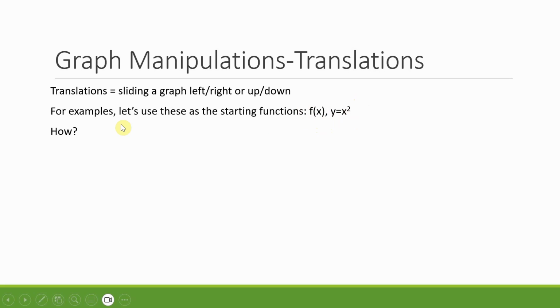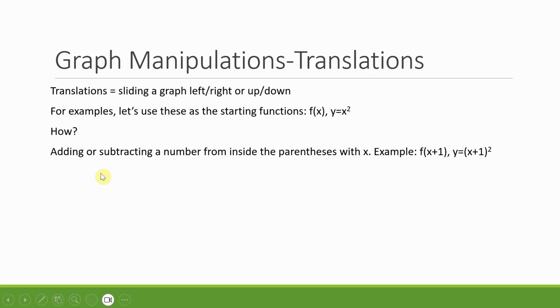So how do we actually do translations? One way is you add or subtract a number from inside the parentheses with x. In that f of x format, that would look like f of x plus 1. It could be minus 1 or any other number, but it's inside the parentheses with the x. Using the y equals x squared example, that x squared becomes (x plus 1) squared.